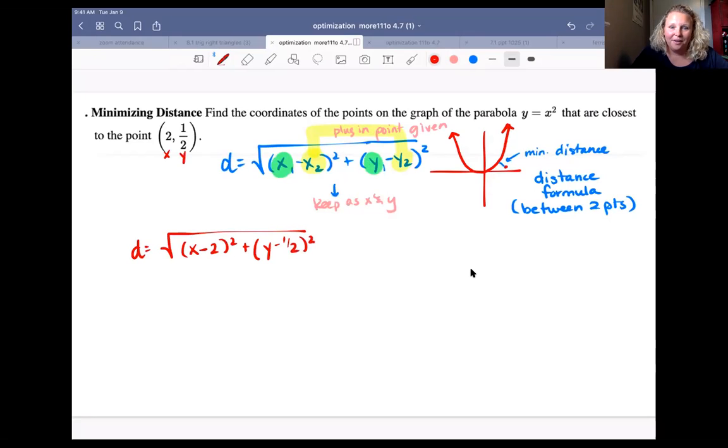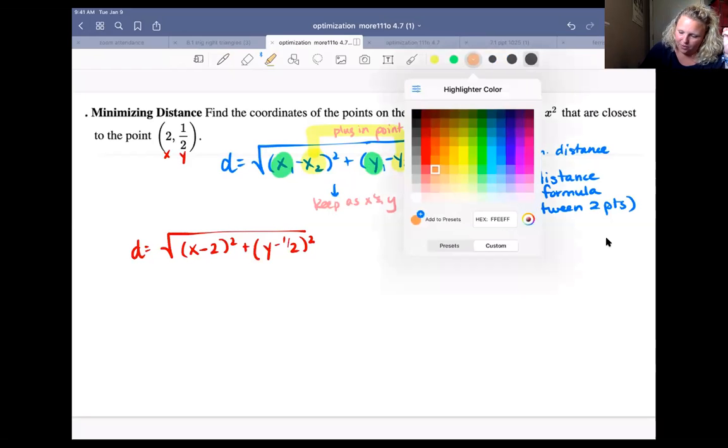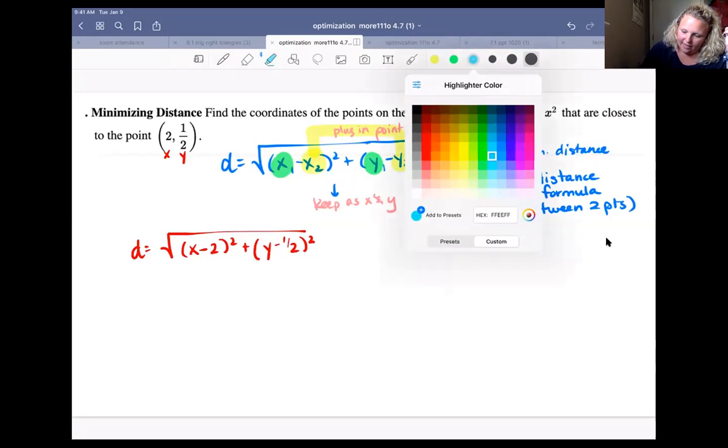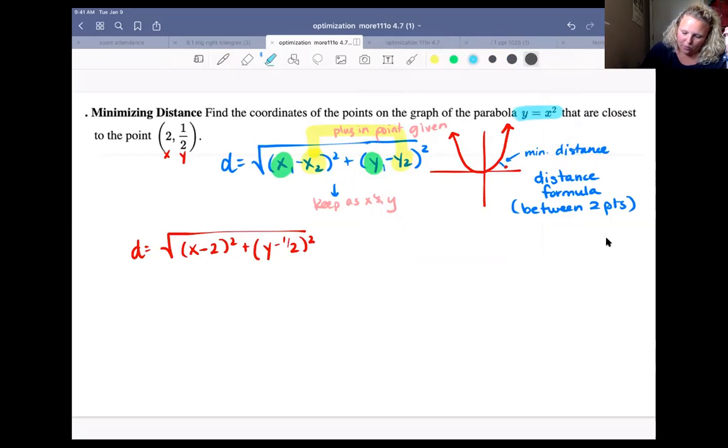And that is a problem because it has an x and a y in it. And there's a square root. So if we kept this function as is, we can't do the x and the y. So what we can do here is use the fact that y equals x squared, and we can replace the y in our distance formula.